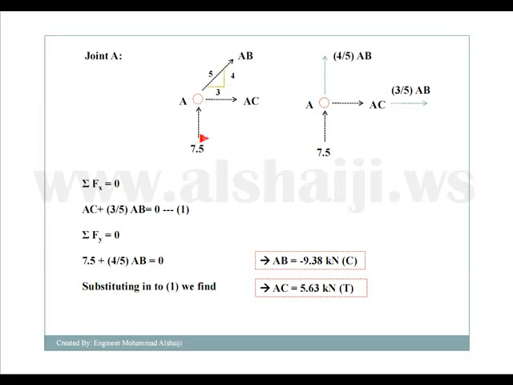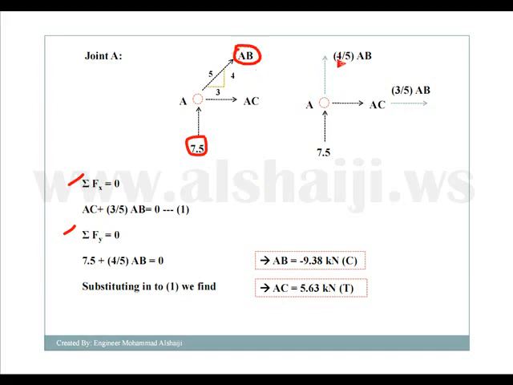Third, we will add the external force to our joint. Now, in order for me to apply the equations of equilibrium, sigma Fx and sigma Fy, all of my forces should be either along the x or the y. So all I do is resolve the AB force to its components.